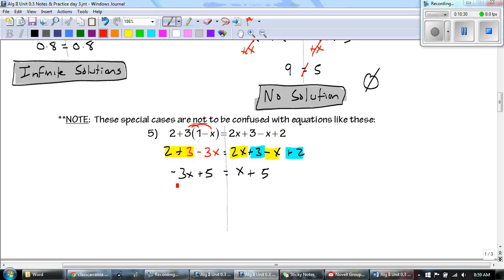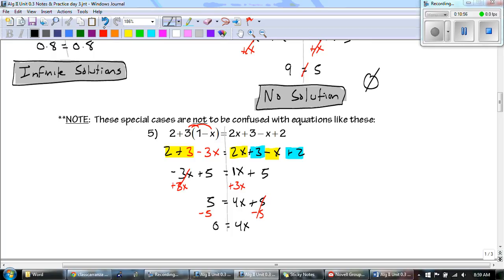Now move the smaller variable, which is 4, I'm sorry, not 4x, it's 3x. So we get 5 equals, and remember that is 4x plus 5. Subtract the 5 to the other side because now I'm just following SADMAP.